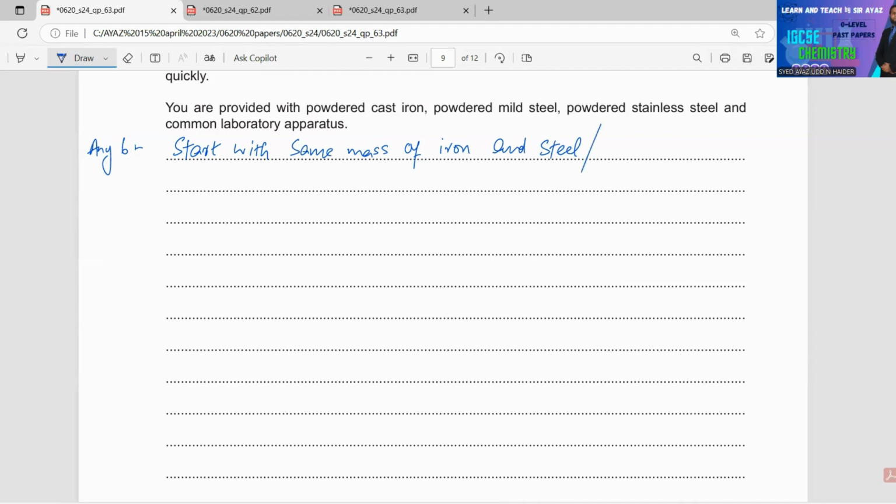Next, you have to place in a suitable container. Now name the container you are using, like you can use beaker here, or you can even use test tube.